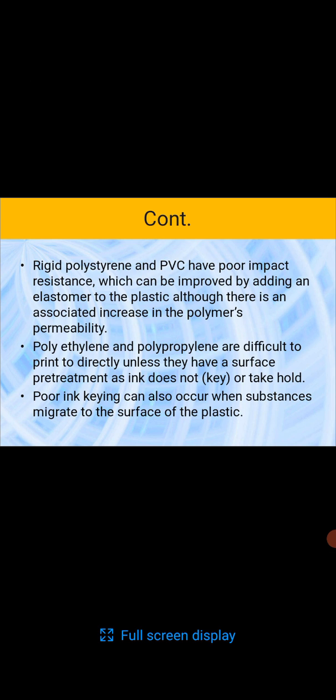Polyethylene and polypropylene are difficult to print on directly unless they have a surface pre-treatment, as ink does not take hold. So, guys, this problem is solved with pre-treatment. Poor inking can also occur when substances migrate to the surface of the plastic.